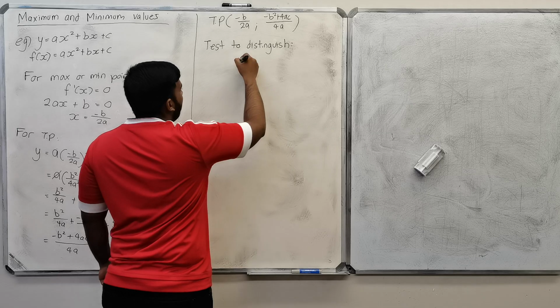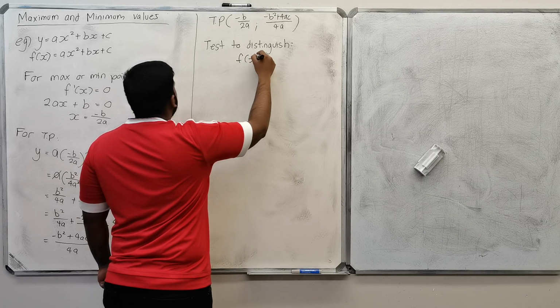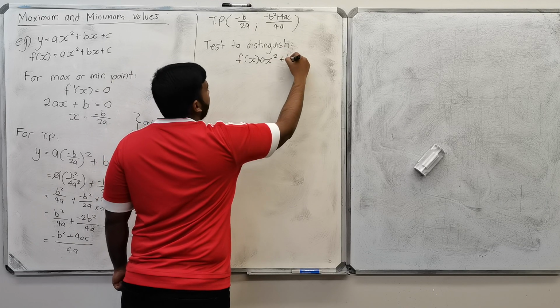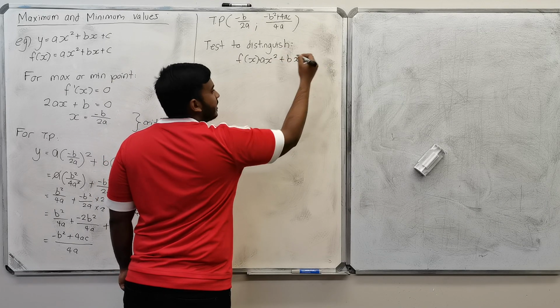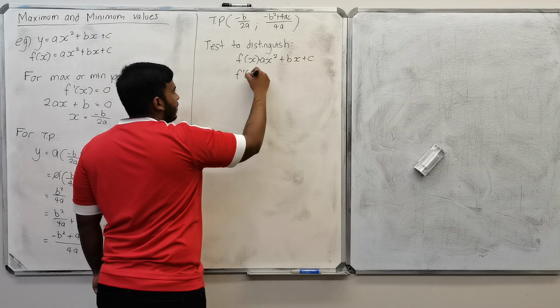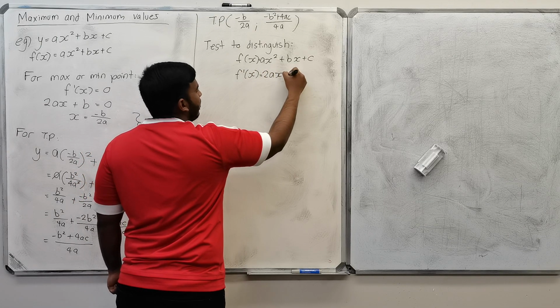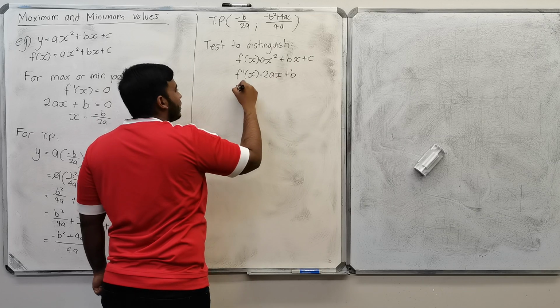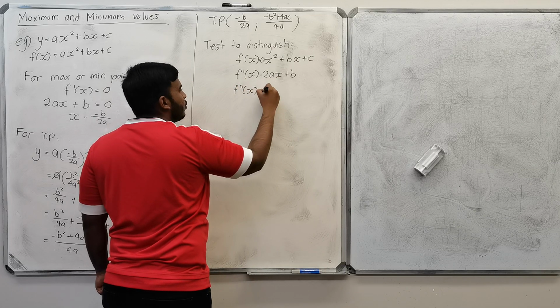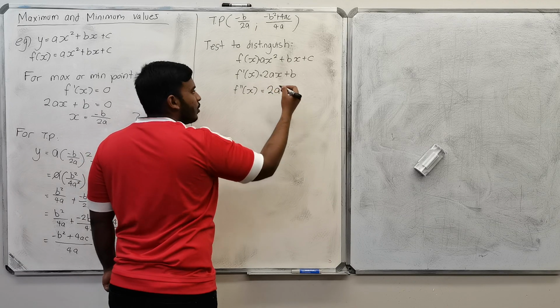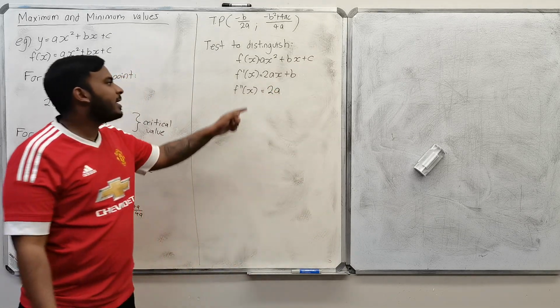So your f of x is equal to ax squared plus bx plus c. Your first derivative is equal to 2ax plus b. Your second derivative will be equal to 2a. Now what does this mean?